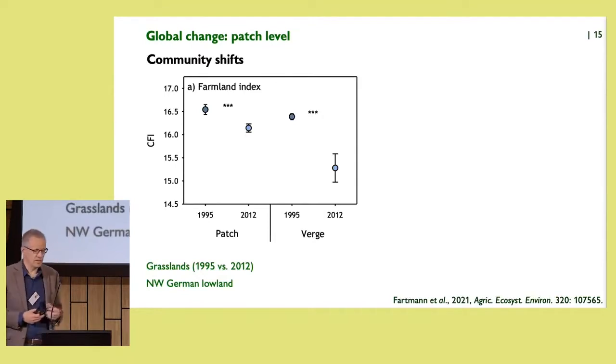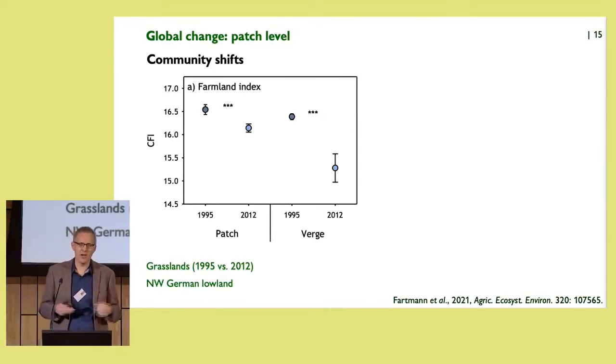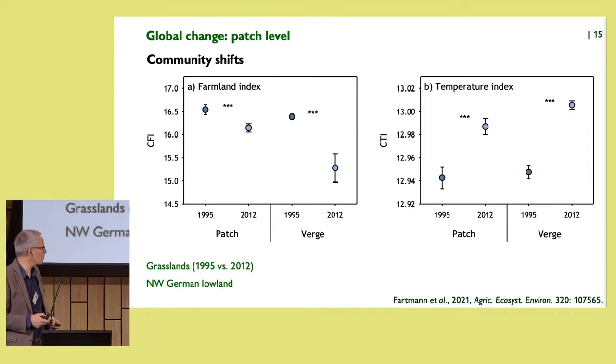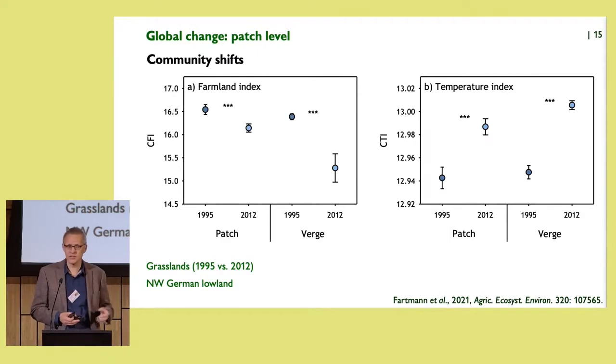Now let's see, in the remaining patches, what the responses to climate change and to global change are. And we see a clear decline in the Farmland index from 1995 to 2012, and the same was true for the verges. In contrast, for the temperature index, we had a clear increase in both types.